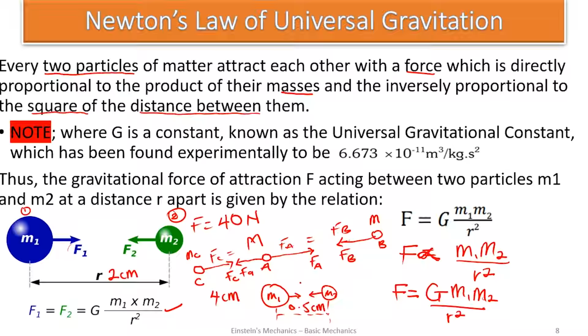Now the force F that exists between these two bodies is going to be greater, way greater than this 40 newtons. And it is greater because the distance between the two particles of the same masses, as in figure 1, this mass is equal to this and this M2 is equal to that, but now the distance is decreased, which is going to cause an increase in the force that exists between them.